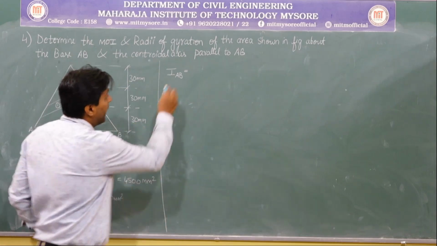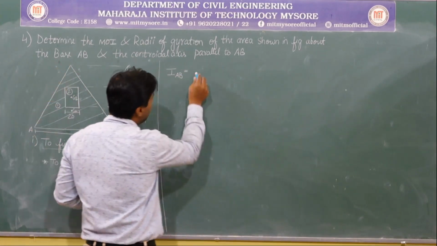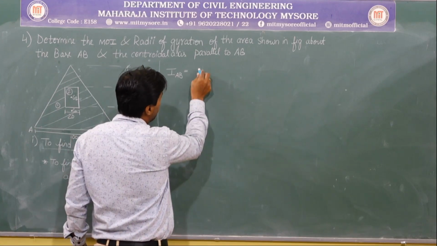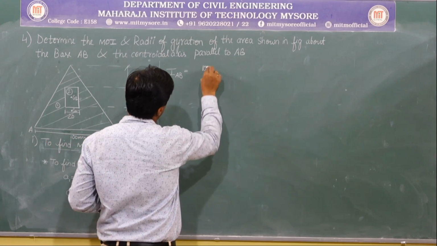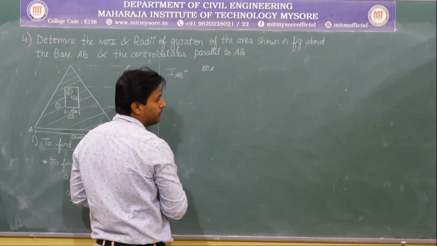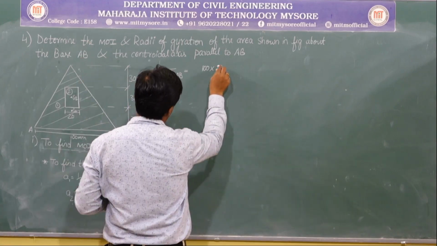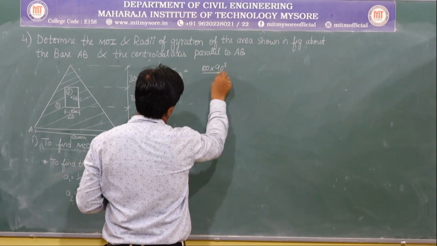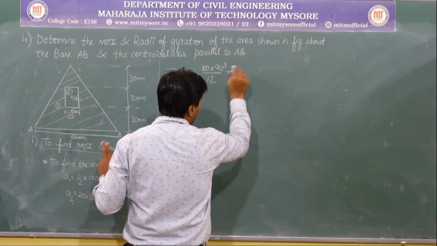So that's why the IAB formula for the triangle is BH cube by 12. What is B? Breadth is 100, B into H cube. So BH cube by 12, that is 100 into 90 cube by 12, plus AH square, A into H square.